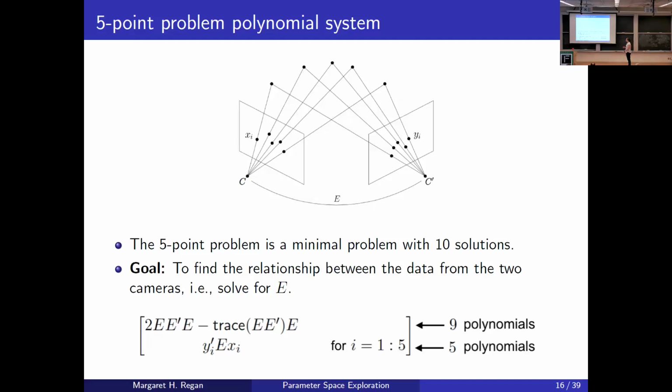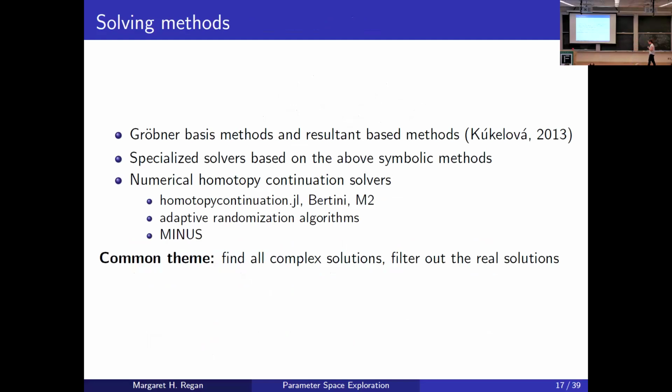And so we have this polynomial system, which is what we want. We have the parameters xi and yi. And so how do we solve this? Well, so this problem is kind of special in that it's one of the classical problems in computer vision that has a lot of solvers available.